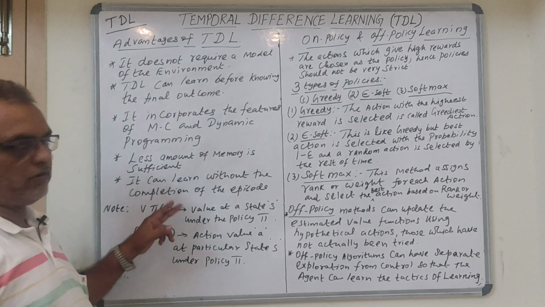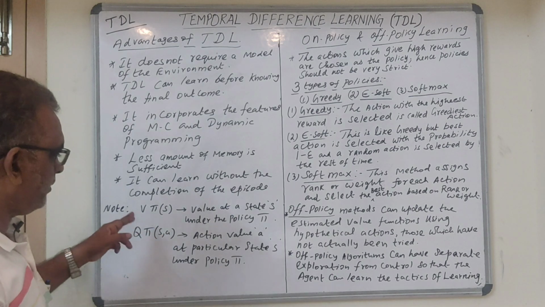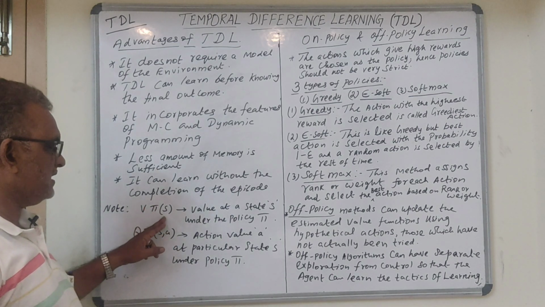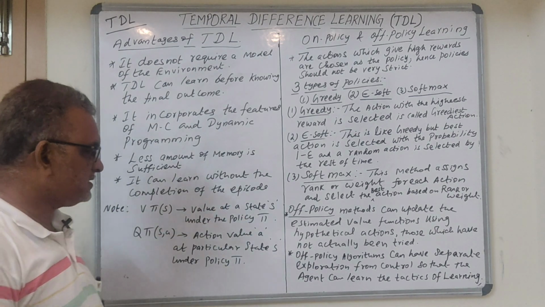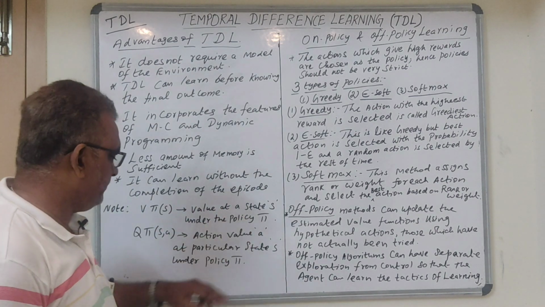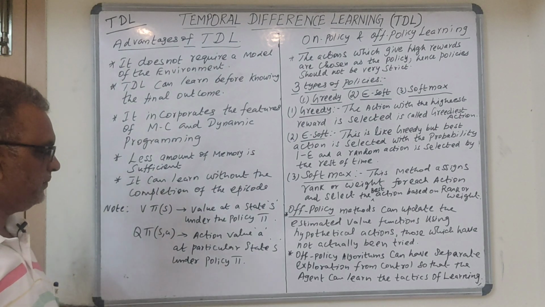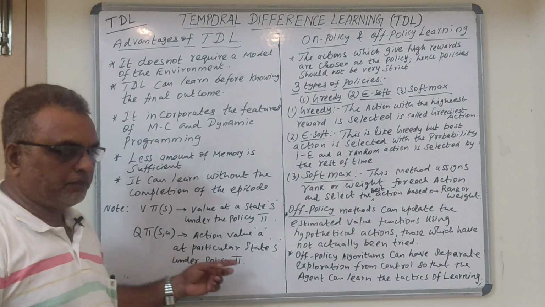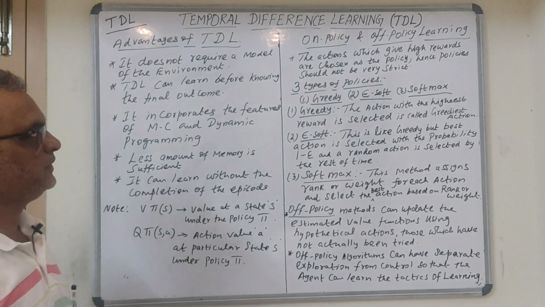Note regarding the policy, the terms we use to represent the policy in TDL: V pi of S represents the value at the state S under the policy pi. Q pi of S comma A represents the action value A at a particular state S under the policy pi.